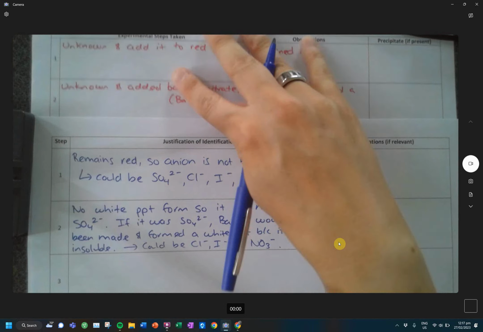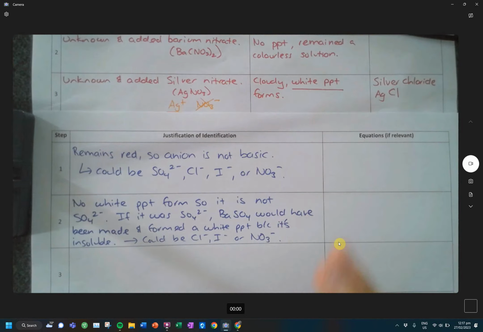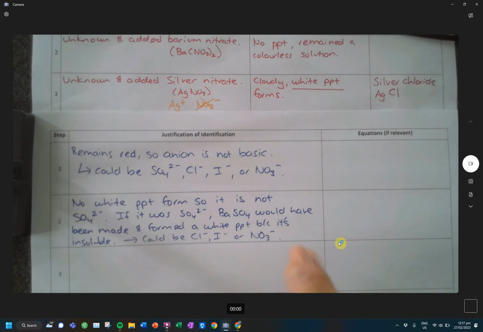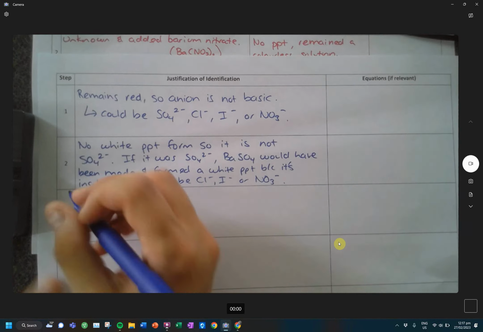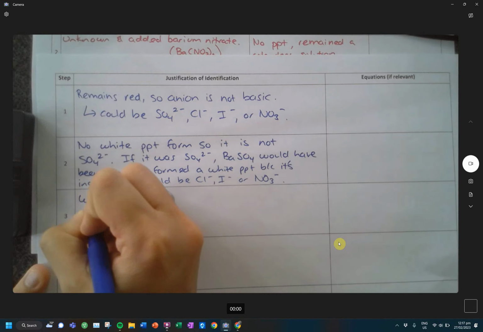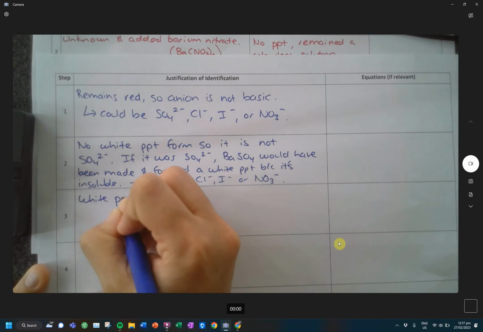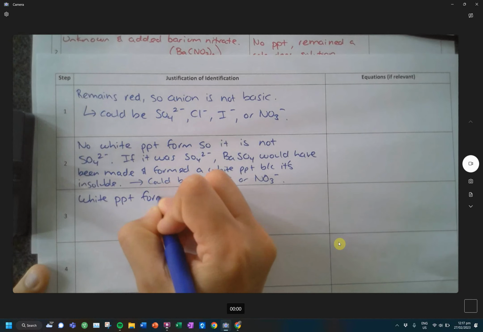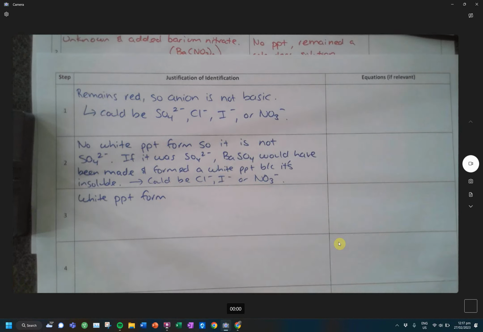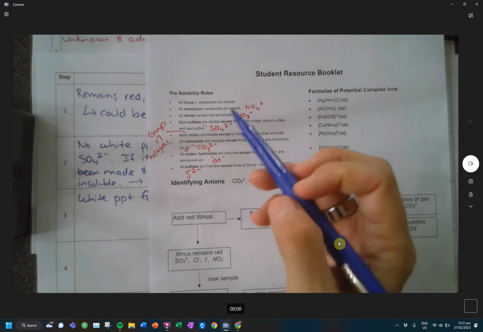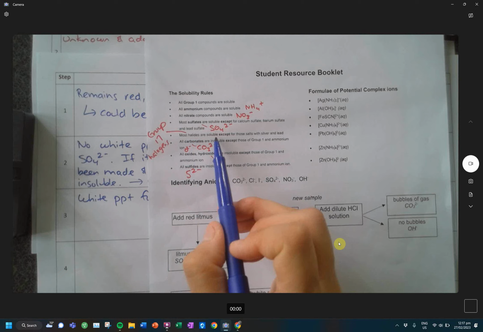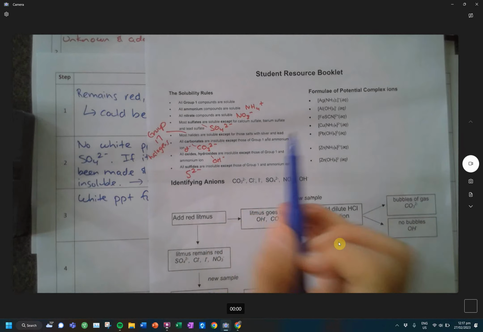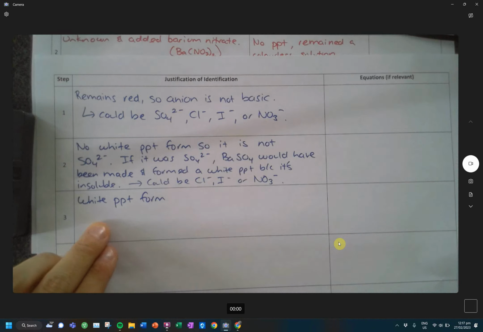All right, step number 3, when I did my chloride identification, I got a white precipitate. Now I need to justify what that white precipitate is. So we had a white PPT form. If we link in our solubility rules, we can see that most halides are soluble except for those with silver and lead. So I can then justify why that white precipitate formed.